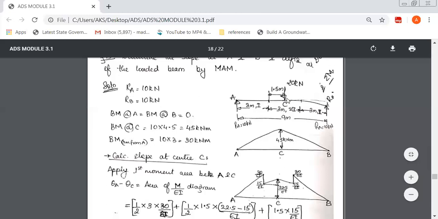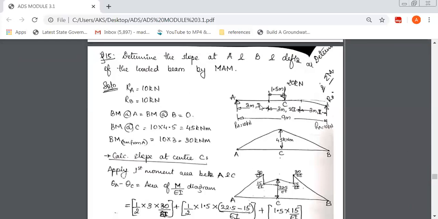But there is another point which we are finding, that is the bending moment at 3 meter from the left support. We also have to find the bending moment at a distance of 3 meter. Why we are finding this is because up to 3 meter the I value is only I, and after 3 meter it is 2I.